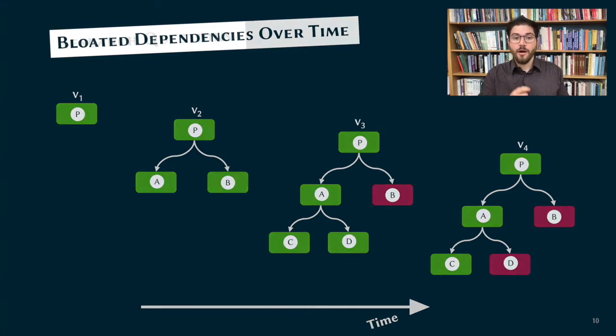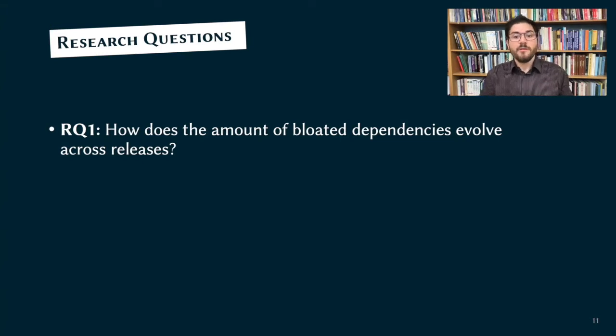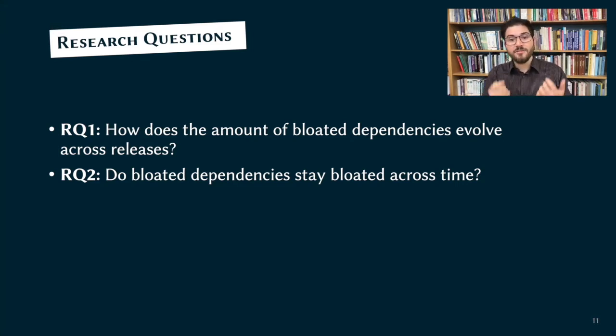We articulate our work around 4 research questions. Our first research question focuses on analyzing the evolution of the number of bloated dependencies. Next, we investigate how the usage status of dependencies evolves across time. This analysis is a key contribution of our work, where we determine if a dependency that is bloated is likely to remain bloated over subsequent versions of the project.